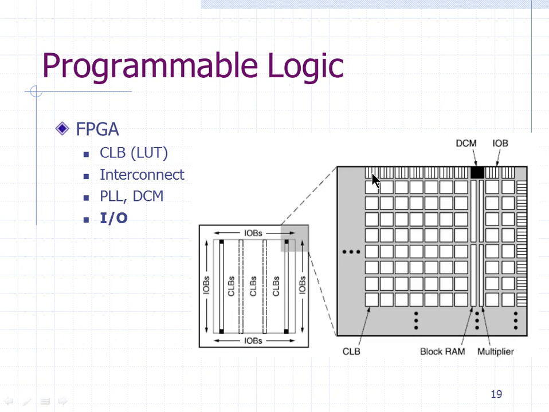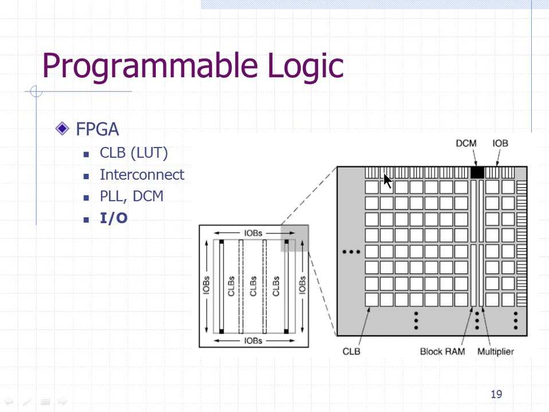The input output blocks can support various voltage levels like TTL, CMOS 3.3, CMOS 2.5, and nowadays right down to 1.2 volts. So the IOs work on those voltage levels.